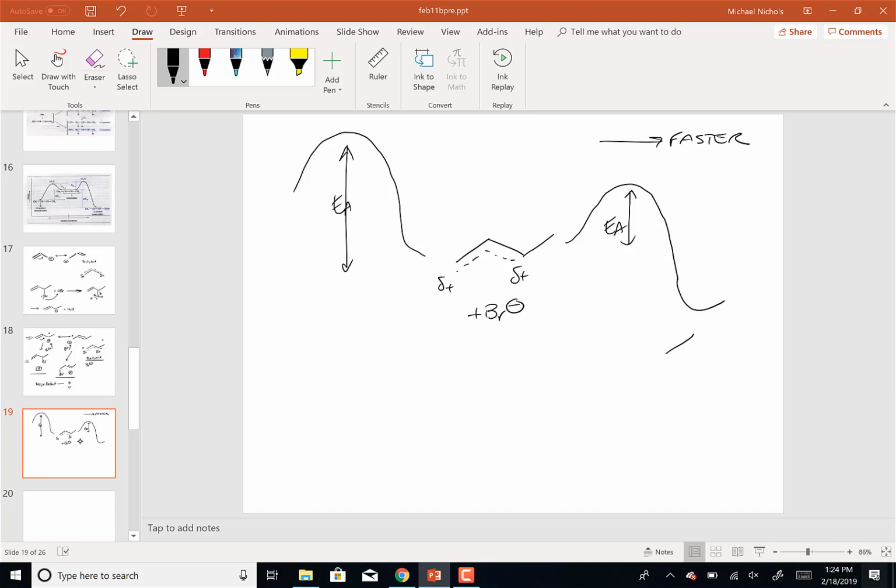Over here there's that product, which was product A. Let's write it the correct way.